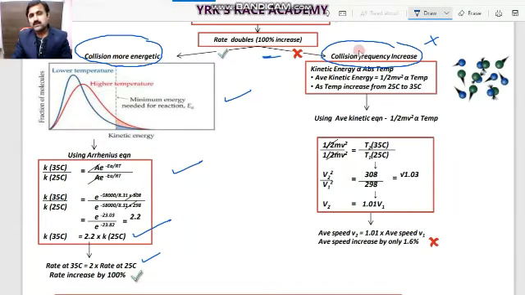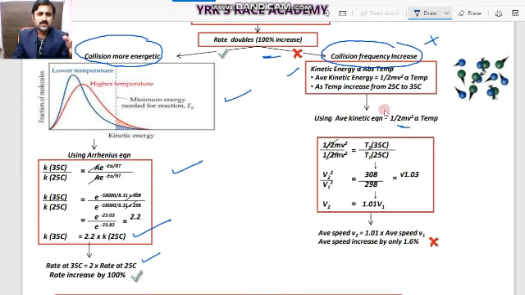So here, once you observe the collision frequency increases, what are the other things that happen which are not going to give products, meaning kinetic energy is proportional to absolute temperature. Average kinetic energy, half mv squared, is proportional to temperature as per the kinetic molecular theory. The temperature increases from 25 to 35 degrees Celsius, here what will happen using the average kinetic energy?